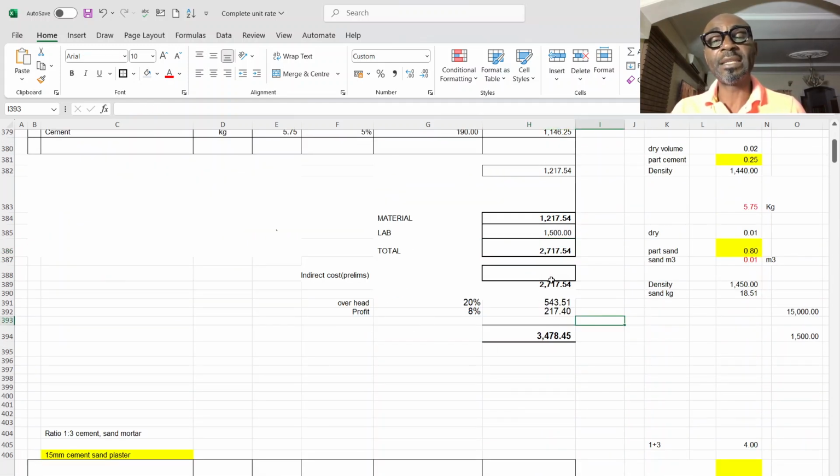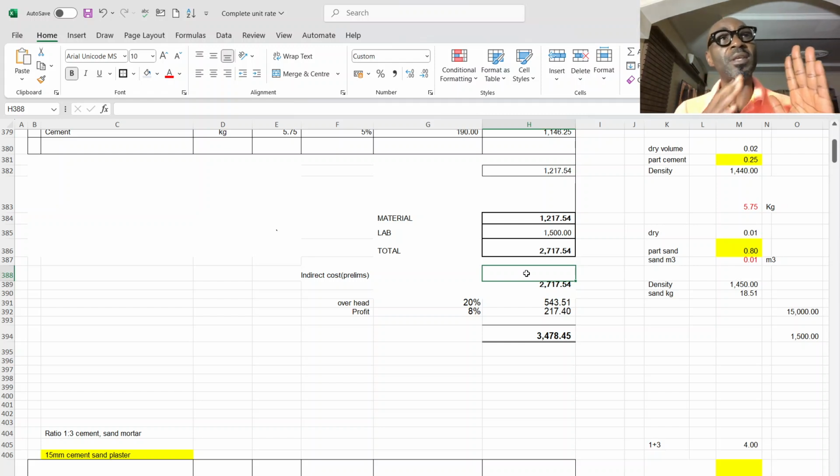Then, like I said, the prelims will be priced separately. Say you've itemized all the things you needed, including the PPE, the plants you needed to bring in, the office space you needed to make available, the water for works, consumables that you needed to buy, all of that.